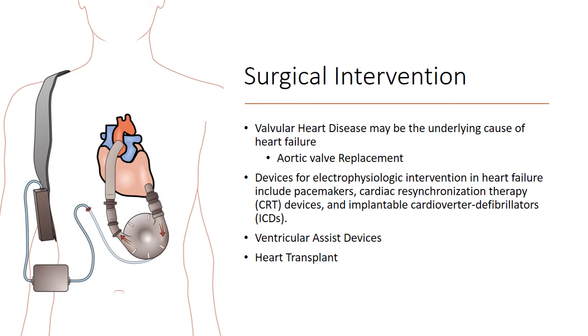So this relieves the heart of some of its burden and actually assists in the heart's function as a pump. The real end point surgically is heart transplant. So for patients who have end-stage heart failure and will otherwise die, heart transplant will become the only option for them.